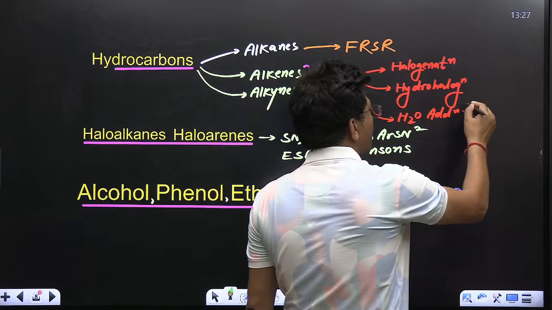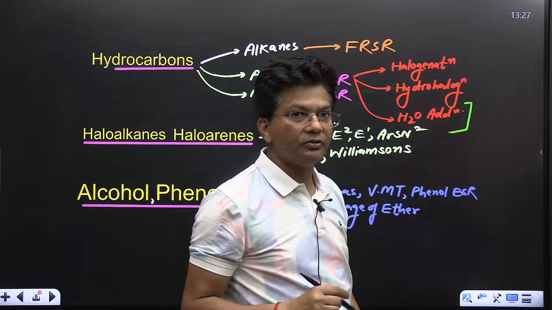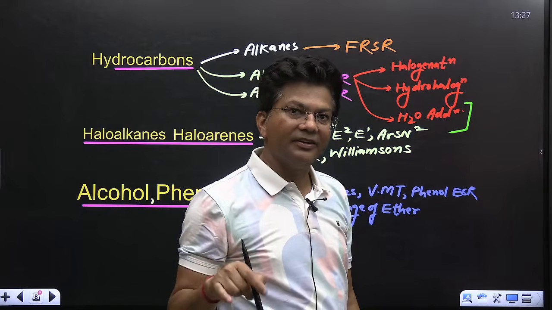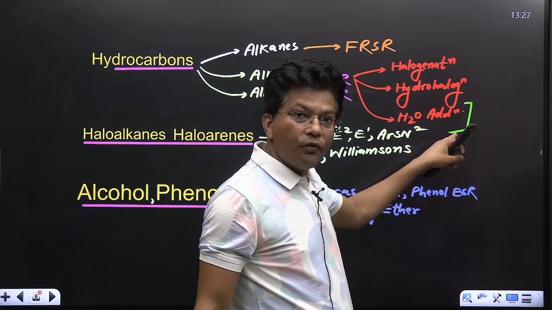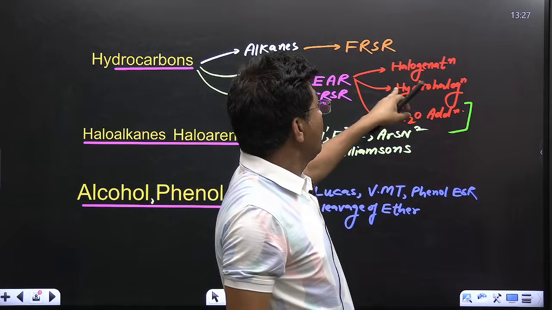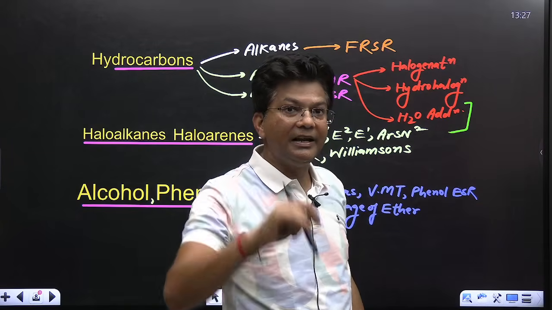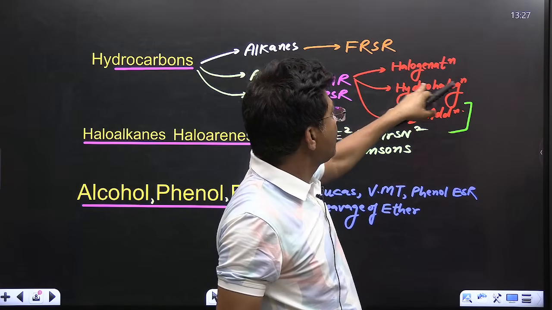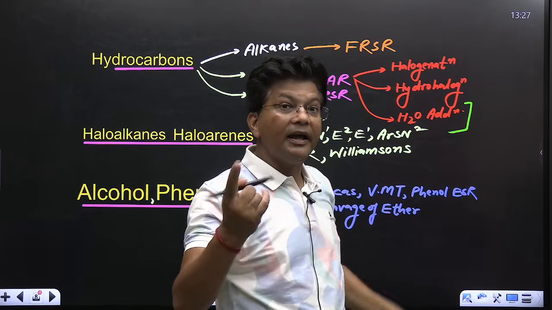If I talk about water addition, then three things are there. Simple, that is acidic hydration, Markovnikov, or oxymercuration, or Brown hydroboration, that is anti-Markovnikov. Whenever halogenation is coming, anti-addition is taking place.